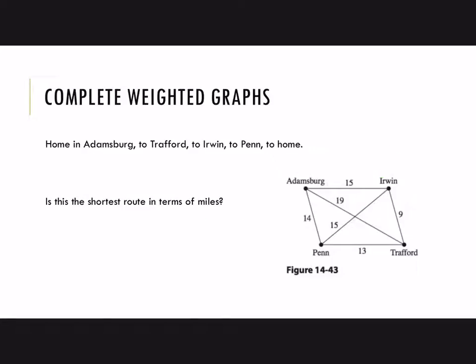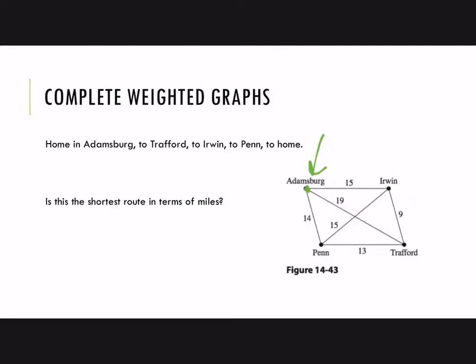Alright, so what do we do with these complete weighted graphs? Well, maybe we can quickly see at a glance whether or not something is the most efficient route. So let's say that there's a salesperson that lives in Adamsburg. Okay, so they want to start and end there.